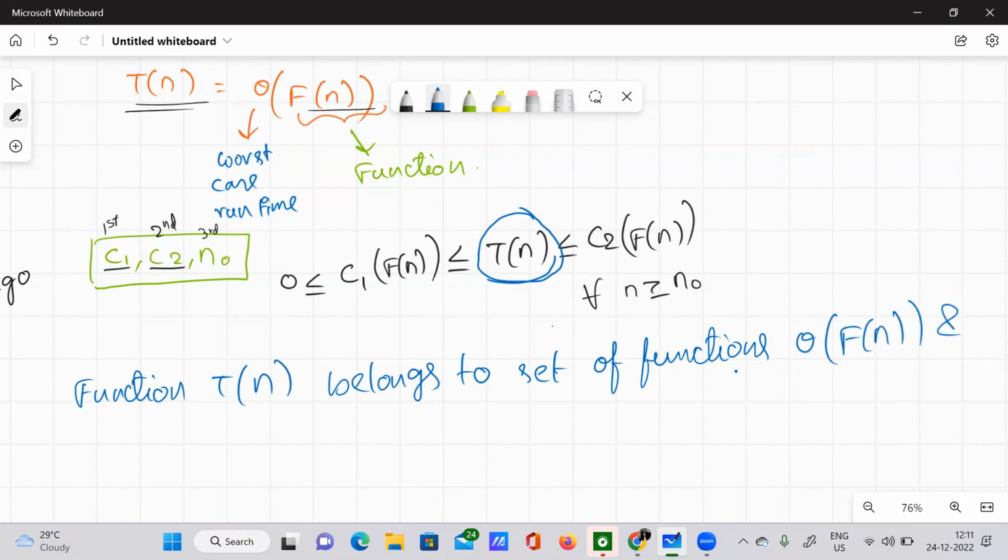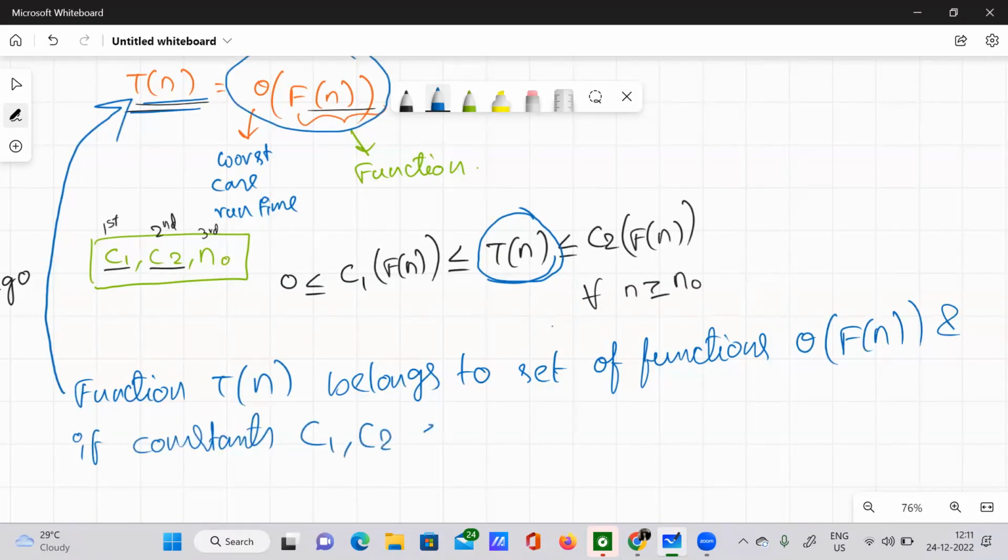And we are saying that if constants c1, c2 exist, then what happens?